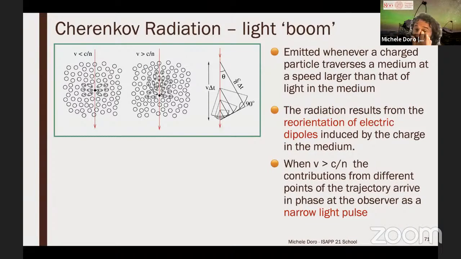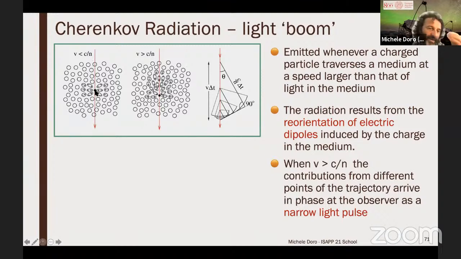Now, how the Cherenkov light works, I don't want to spend too much time. It's related to the passage of charged particles in matter. The charged particle reorients the dipole moment of the surrounding material. And if the velocity of the particle is smaller than c over n, the velocity of light divided by the refraction index of the medium, nothing happens.